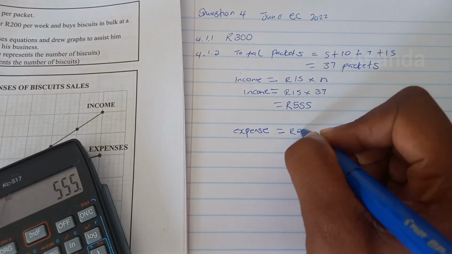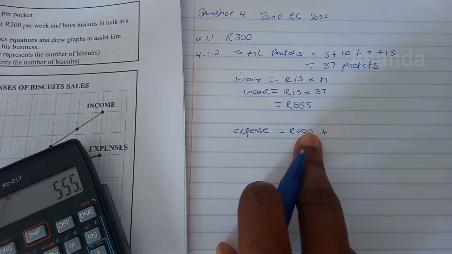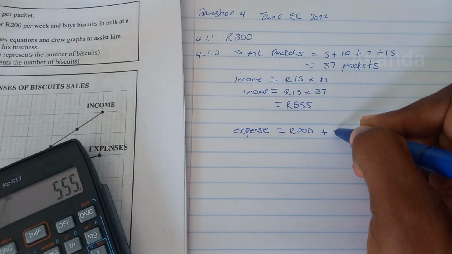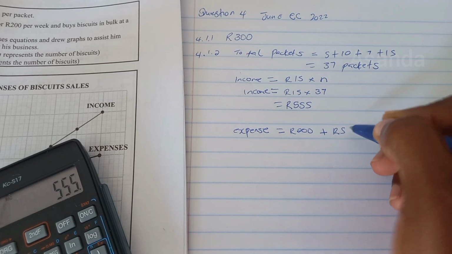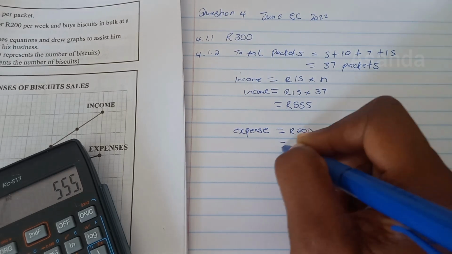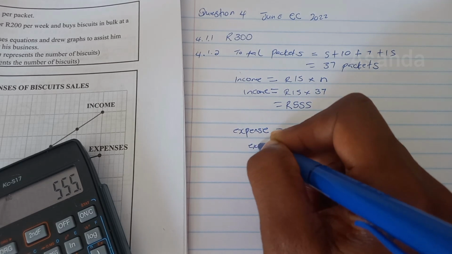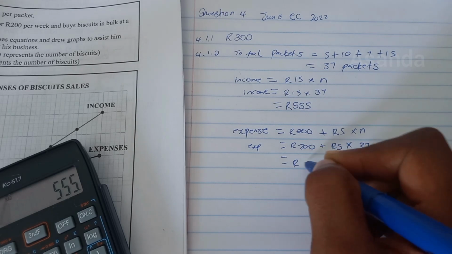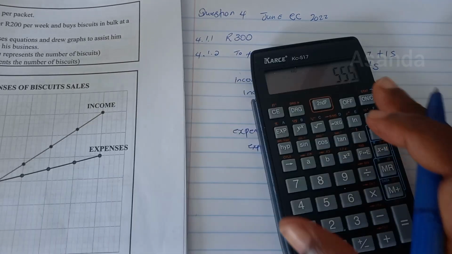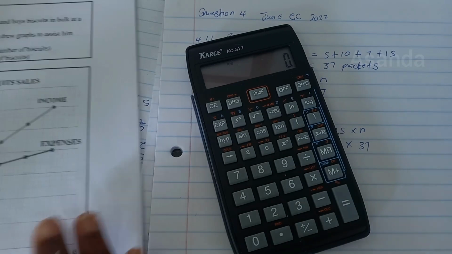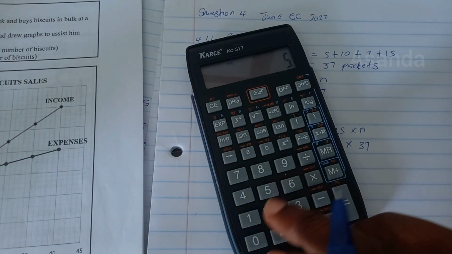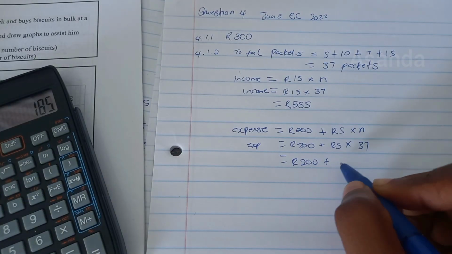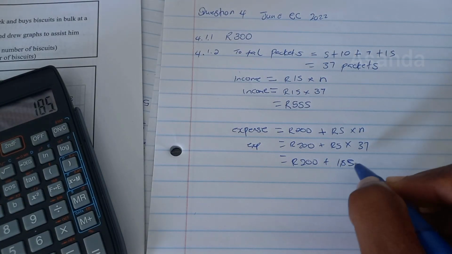And the expense there, the formula for expense is 200 rand, which is the rent, plus the cost 5 times n, and therefore 200 plus 5 times 37, which will then equal 185 rands.